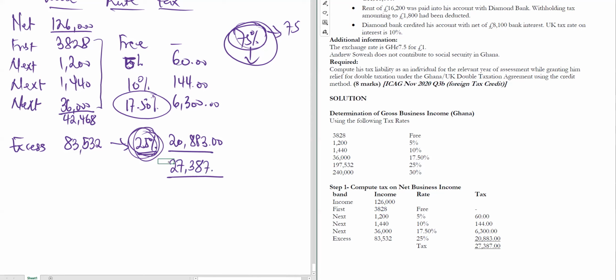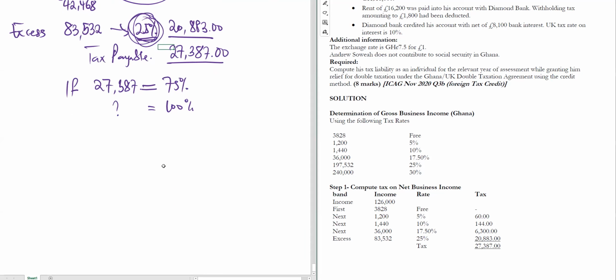27387.00. Okay, so this is the tax payable, right? But you are saying that if this 27387 was equivalent to 75%, because you want to get the original tax, which is 100%, let's divide.